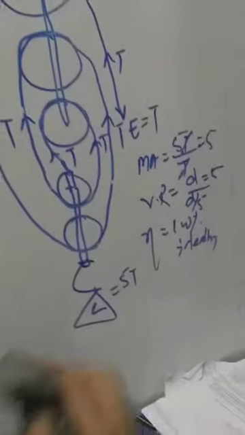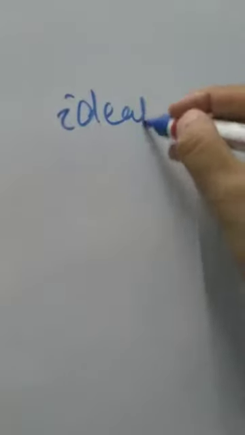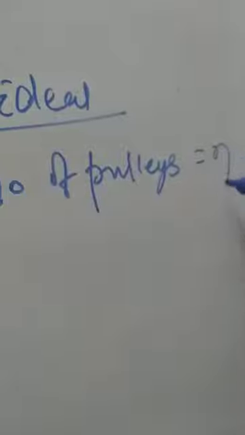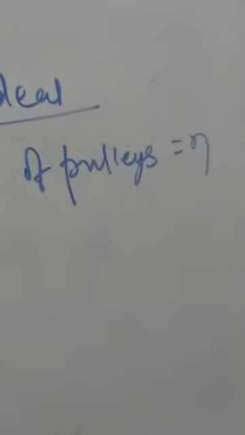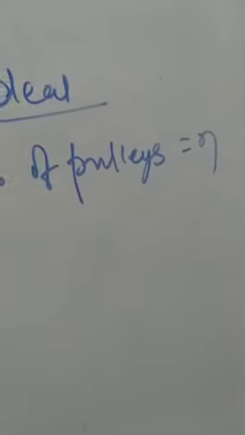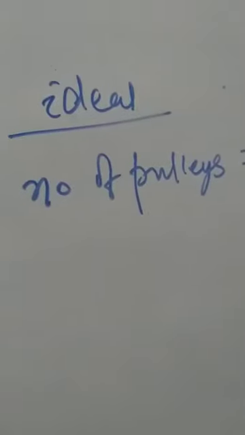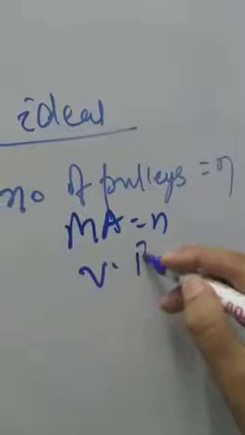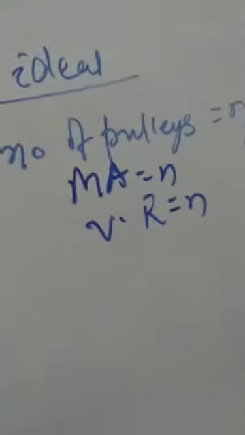So here we are finding that in ideal situation, if the number of pulleys used in the block and tackle system is equal to n, then ideally mechanical advantage is equal to n, velocity ratio is equal to n, and efficiency is of course 100%.